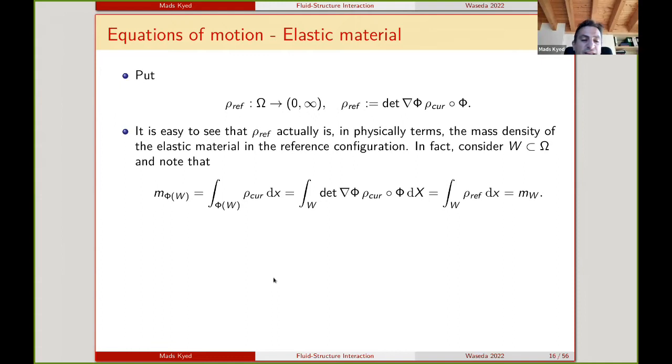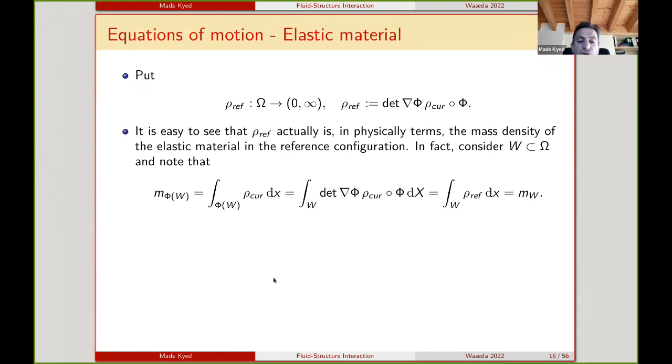More specifically, if you look at some region V in the current configuration, and you look at the deformation of this region, phi of V, and you ask what is the mass of phi of V? Well, that's obviously the integral of the current configuration density.